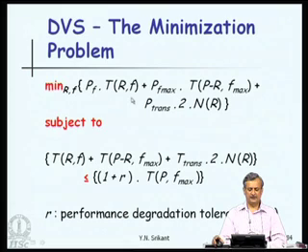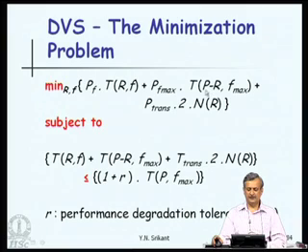The energy of the program is in three parts. The first part is the power spent by the region R at frequency F multiplied by the time spent by region R at frequency F. So, power into time is energy. This is as far as region R which is executed at lower frequency F.